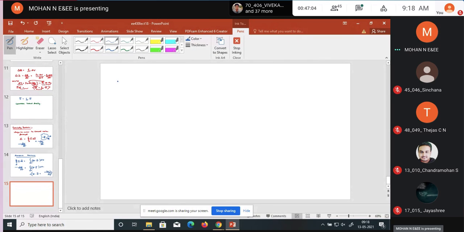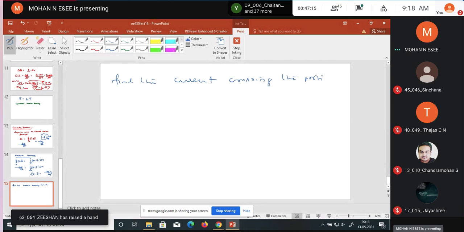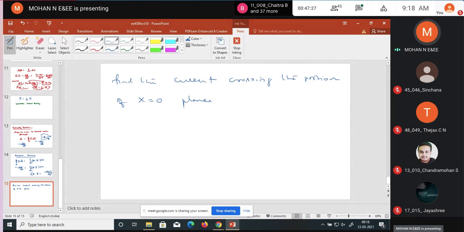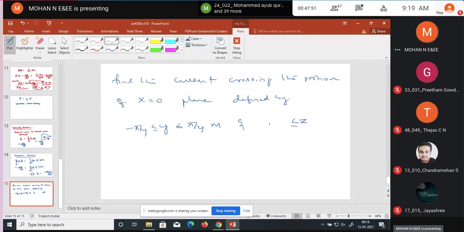Find the current crossing the portion of the x equal to 0 plane, defined by y greater than or equal to minus 5 by 4 and less than or equal to 5 by 4 meters, and z greater than or equal to minus 0.01 and less than or equal to 0.01 meters.